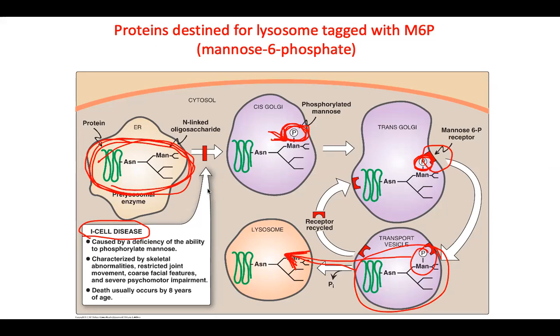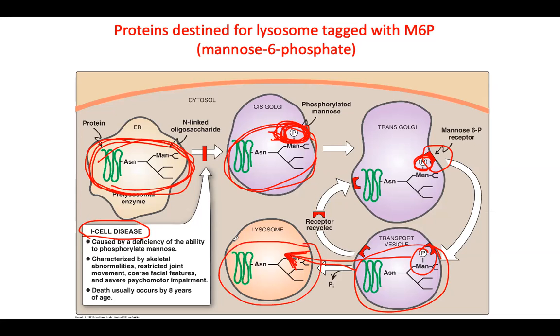So what happens is that there is a condition where I cannot phosphorylate this mannose. If I cannot phosphorylate this mannose, the mannose is never going to be tagged. It's never going to be sensed by the receptor. And that means that this glycoprotein is never going to be degraded because it was never phosphorylated. If the glycoprotein is never degraded, it's going to lead to an accumulation of the glycoprotein.